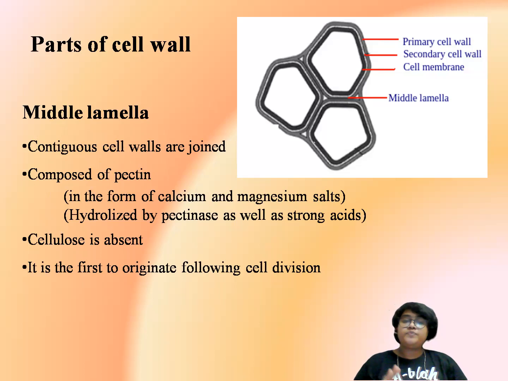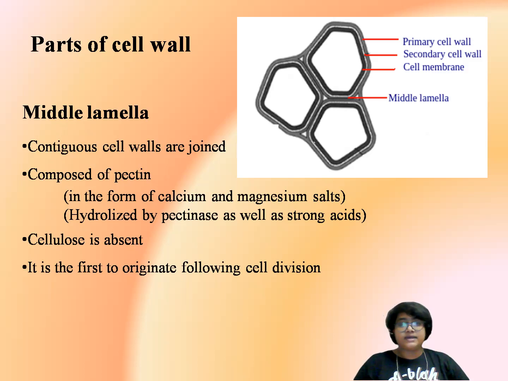Now, primarily, this middle lamella is composed of pectin, which is present in the form of calcium and magnesium salts. And this pectin can be dissolved by an enzyme named pectinase as well as by strong acids.